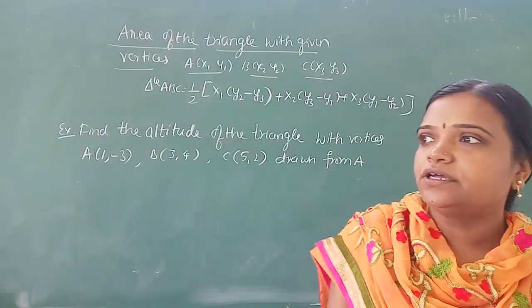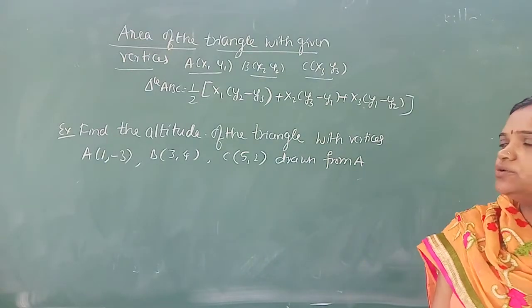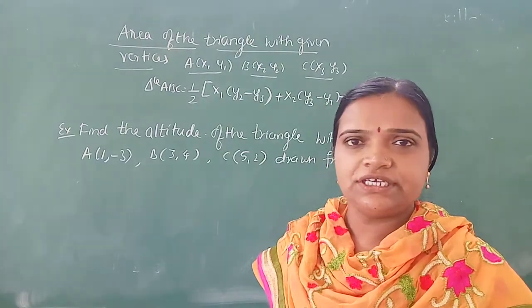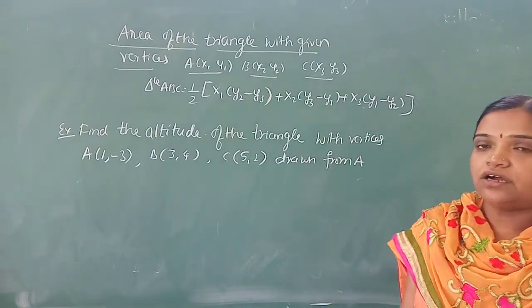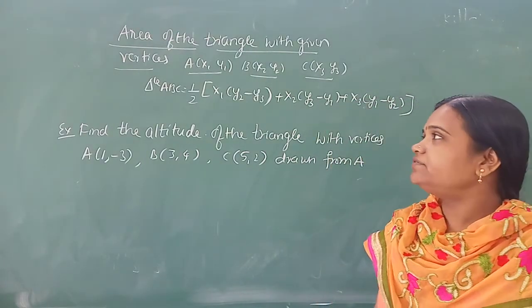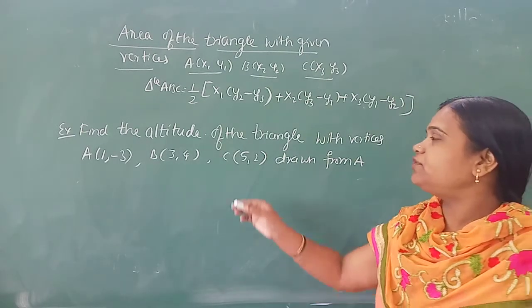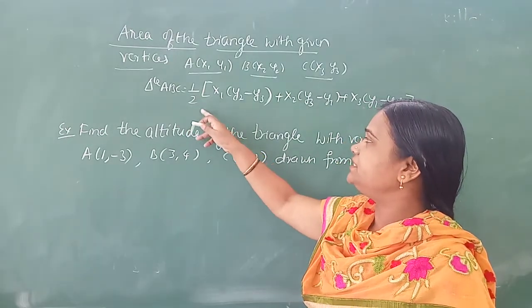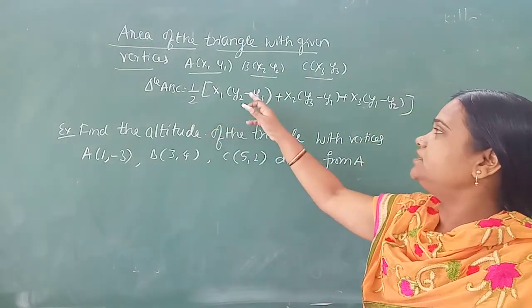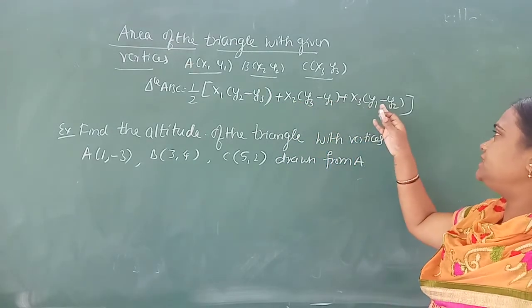At school level we know that the area of the triangle ABC is half base into height. Now we converted that into the XY plane, the algebraic form: area of triangle ABC is half of x1(y2 minus y3) plus x2(y3 minus y1) plus x3(y1 minus y2).